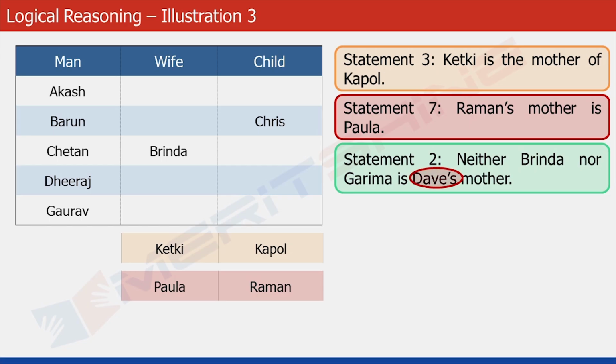Concentrate on Dave. Can we say that Brinda, Garima, Ketki or Paula, none of the 4 can be his mother? Yes, of course. So what we can infer is that the 5th lady, Linda, has to be Dave's mother, and it becomes yet another mother-child block, and we place it under the previous 2 blocks.